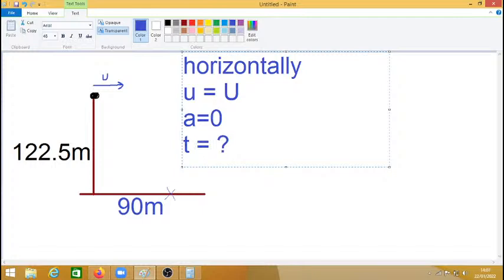Time is unknown, but we do know that s, the horizontal distance, is 90. So we might have enough if all we wanted to work out was something like time. But at the moment, we're trying to work out u, and there's not quite enough there to work out u.